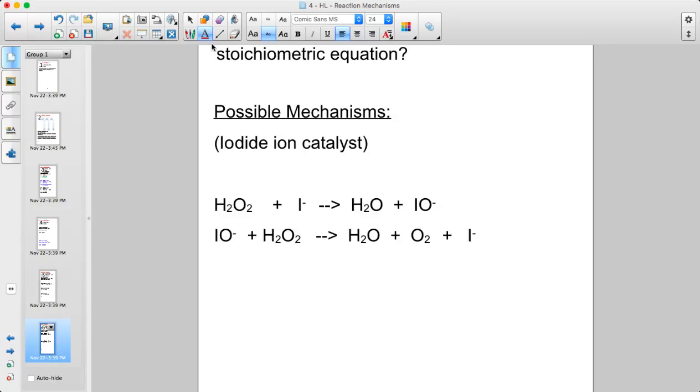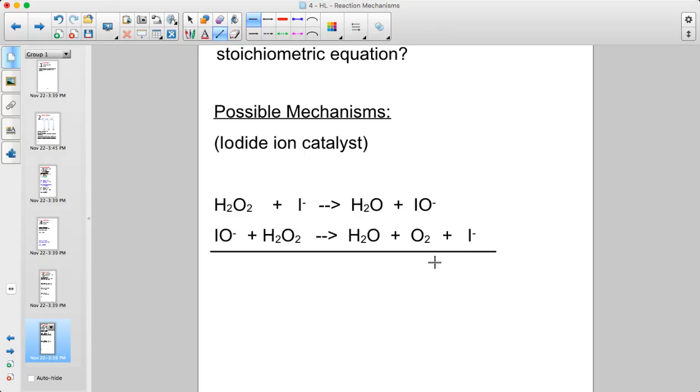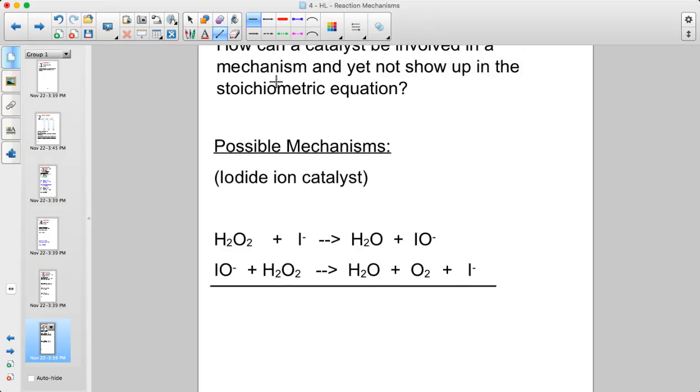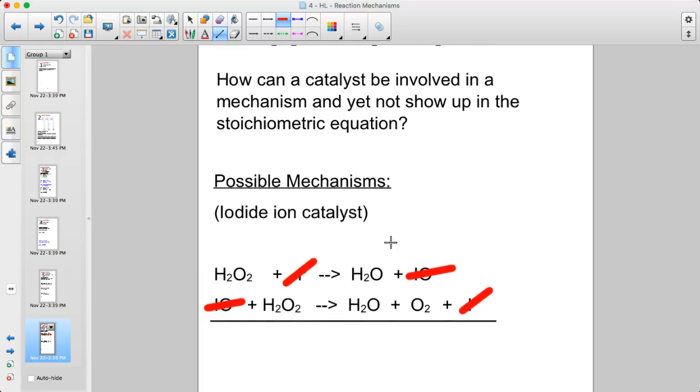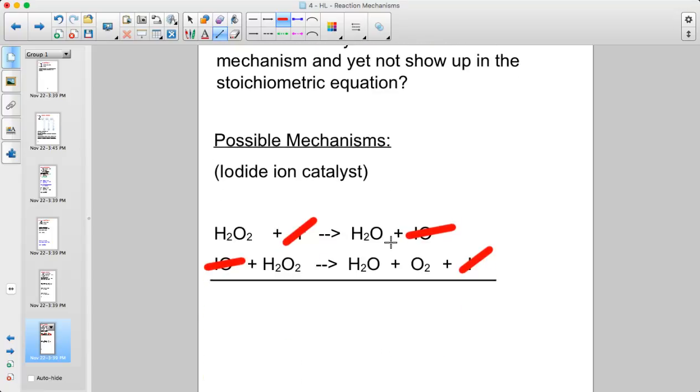So if you add up this equation to get the overall stoichiometric equation, you notice that the I minus cancels, and the IO minus and the IO minus cancel. And if you add this up, you get two H2O2s makes two H2Os and one O2. So you do get the original stoichiometric equation.